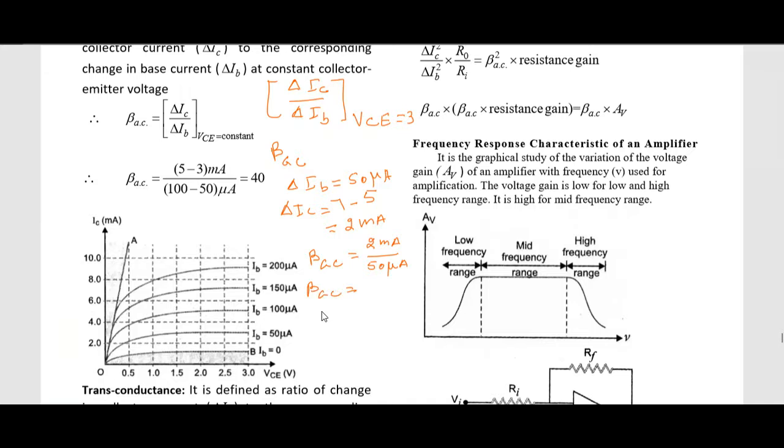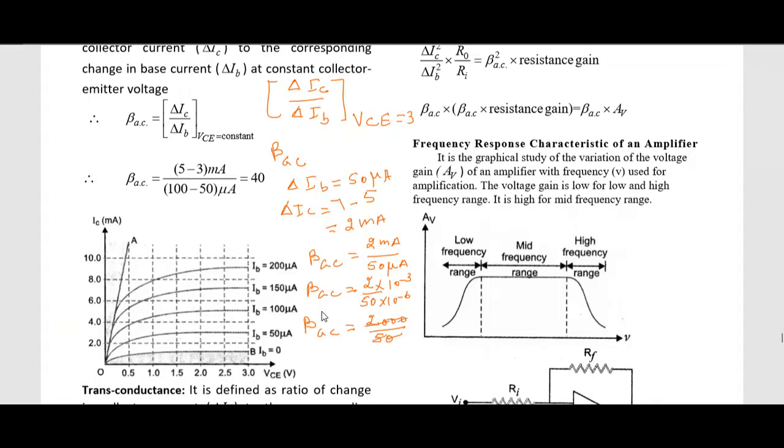Beta AC is 2 divided by 50, this is 10 raised to power minus 3 into 10 raised to power 6. This is 2000 divided by 50.